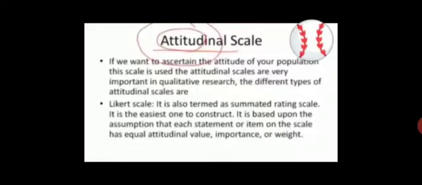The studies which are relevant to a person's thinking, their attitude, are relevant to qualitative research. If we want to ascertain the attitude of your population, this scale is used. The attitudinal scales are very important in qualitative research. There are several different types of attitudinal scales.